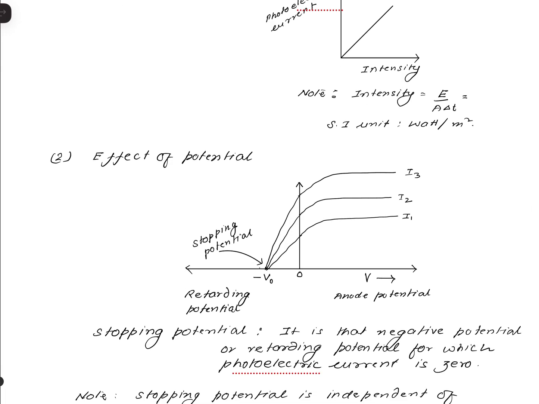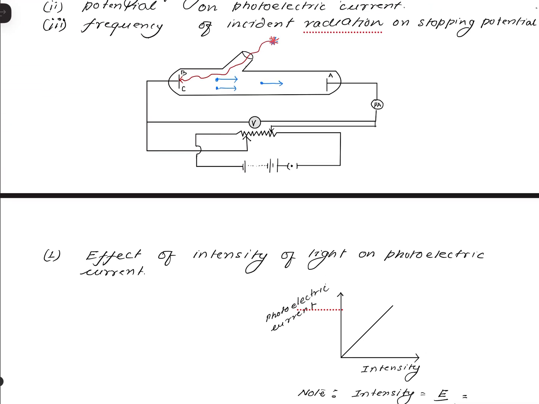Now the next case, here the effect of potential on the photoelectric current. So this is your current, right? Now here what I do is, let us say I have taken 1 volt. So the electrons will accelerate. Now if I take 2 volt, the electrons will accelerate further with a larger velocity.